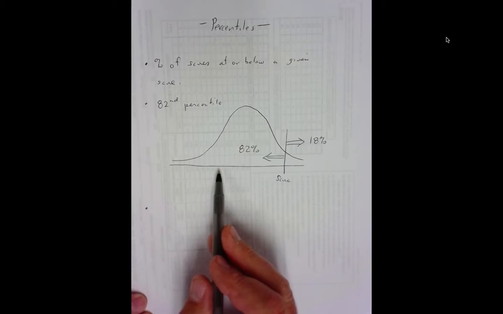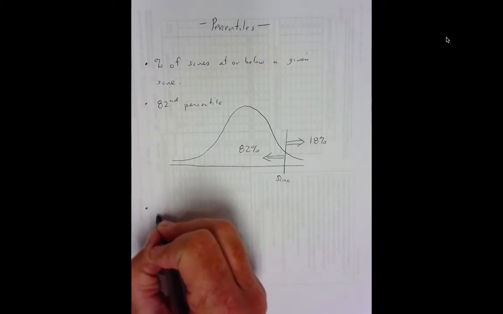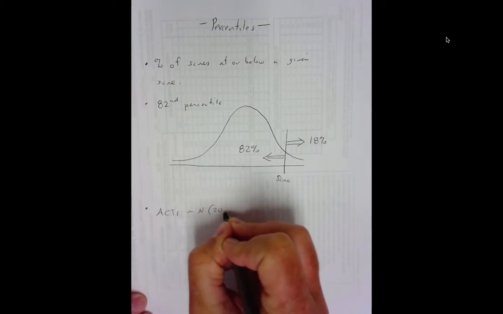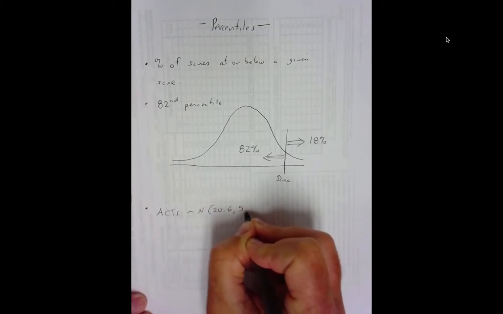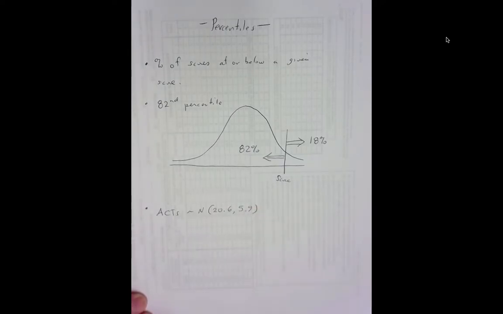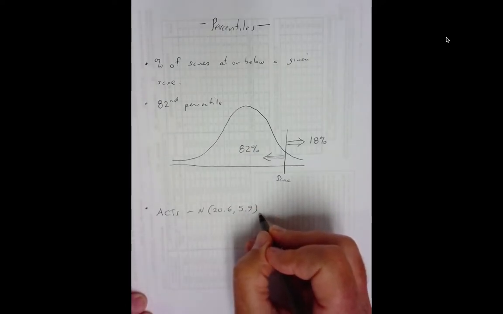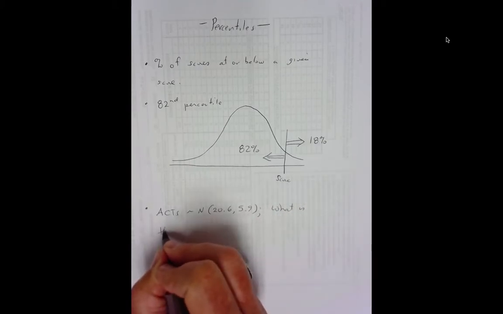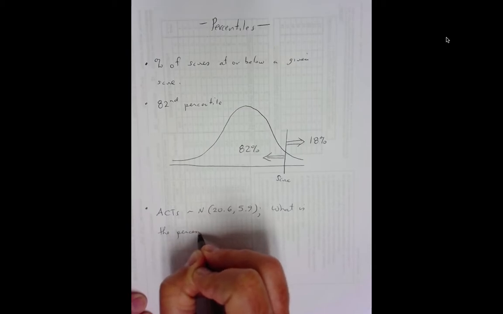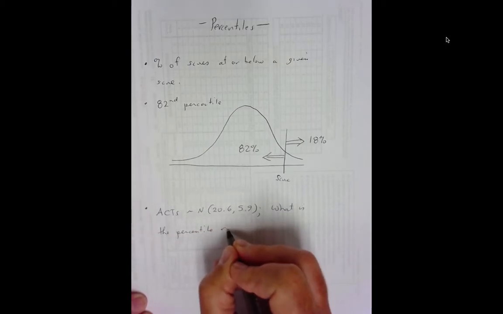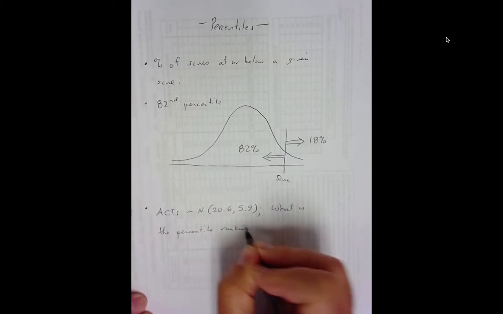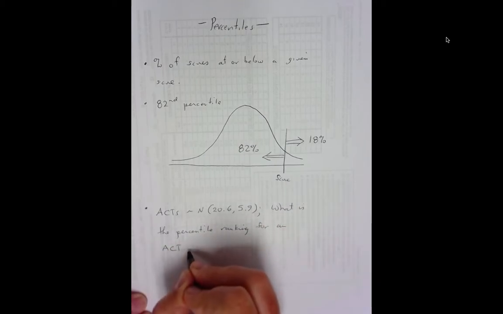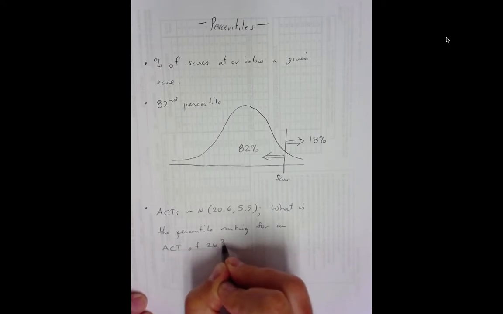The probability below. So if we have ACTs normally distributed with a mean of 20.6, 5.9 in a particular year, what is the percentile ranking for an ACT of 26?